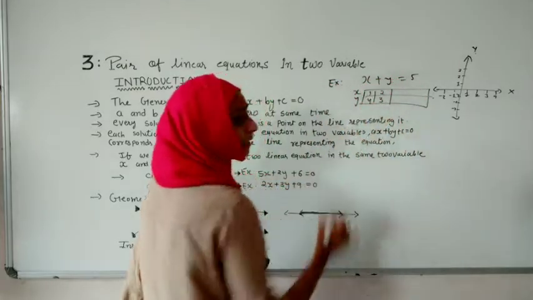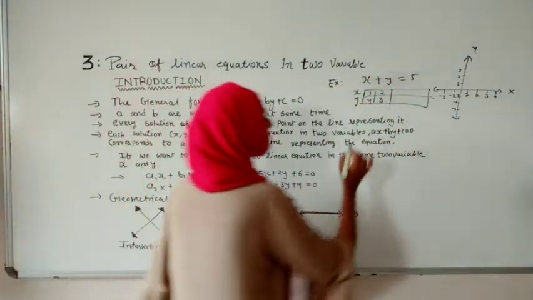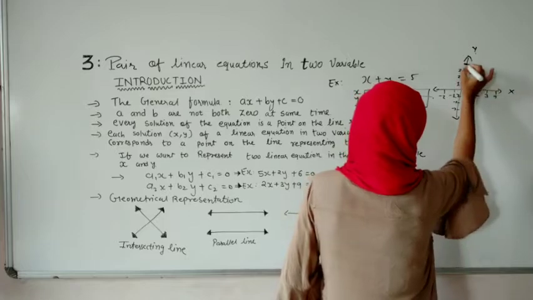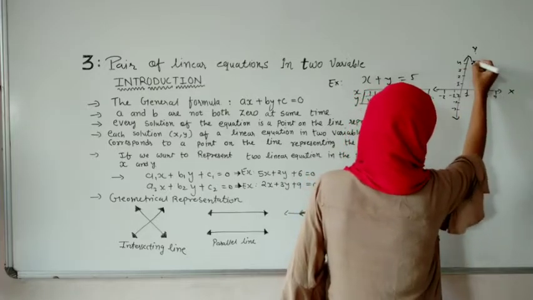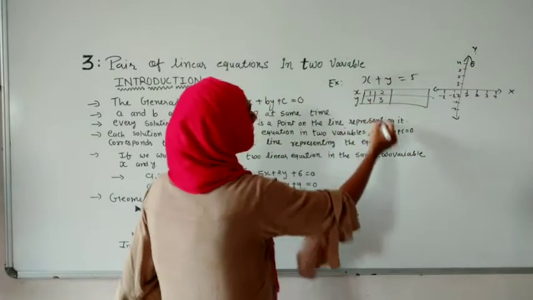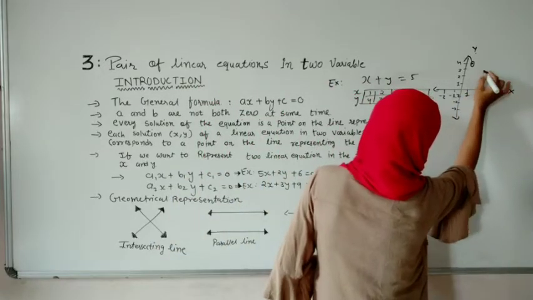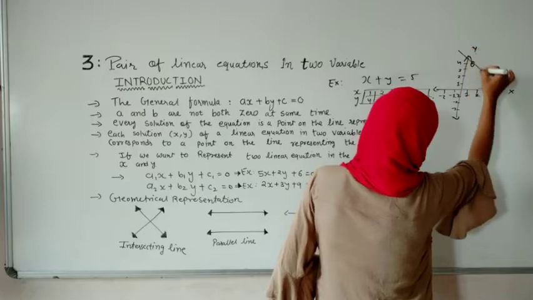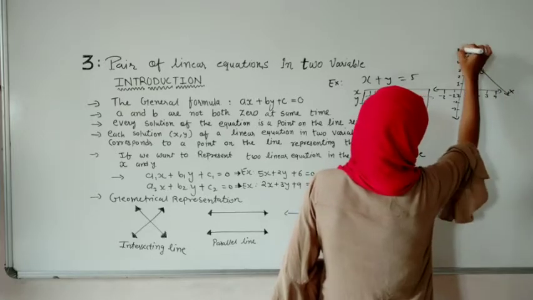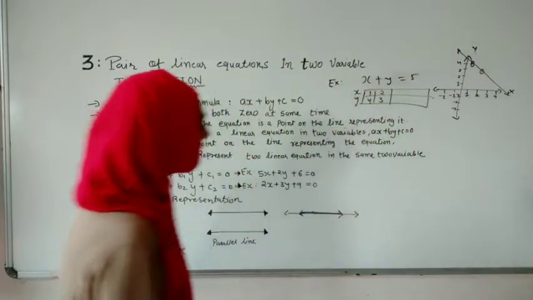If I am representing 1, 4, for the x-axis it is 1 and for the y-axis it is 4, so it will come over here. Then if x is 2, then y is 3, so it will come somewhere over here. And if I was stretching that line in 9th standard, I was getting one line over there.